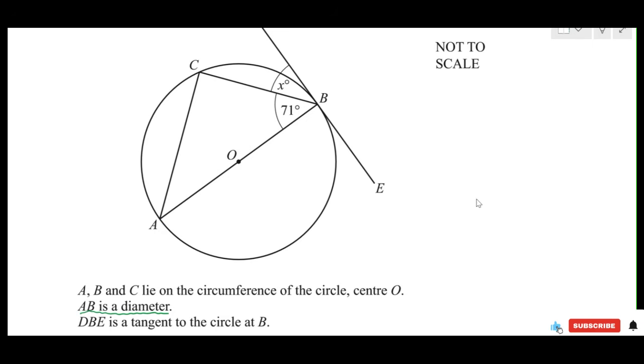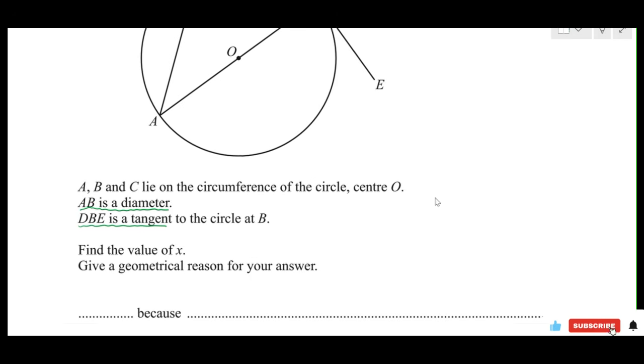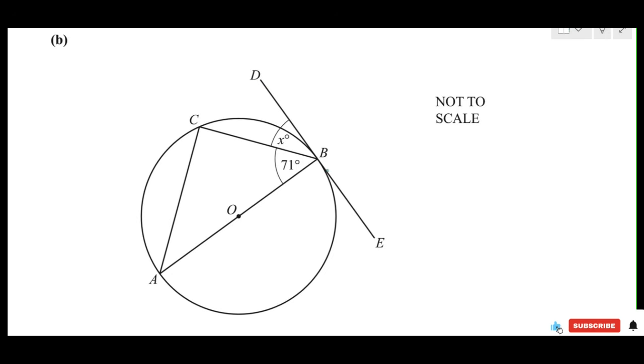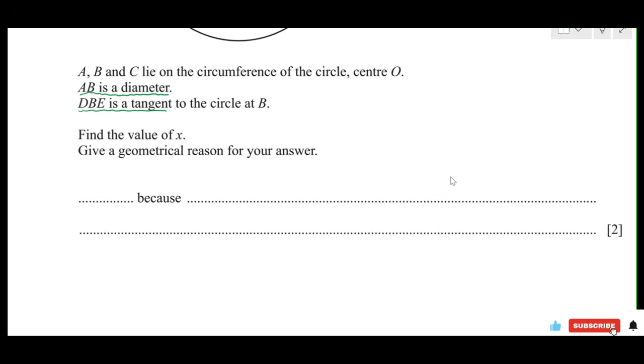Highlight the information which is given to us: DBE is tangent to the circle at point B. D, B, E. This line is tangent to the circle at point B. Find the value of x. Give a geometrical reason for your answer.